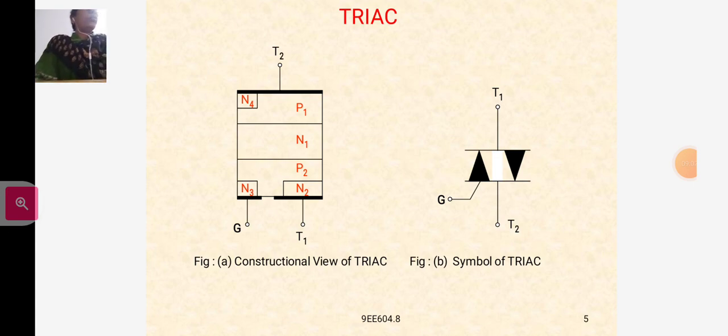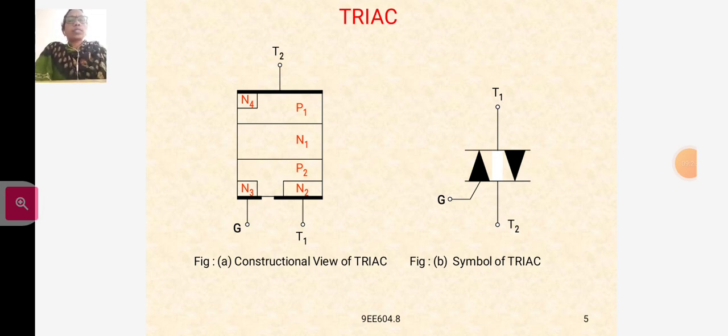The terminal T1 makes contact with layers N2 and P2. Terminal T2 makes contact with layers P1 and N4, and the gate terminal makes contact with layers N3 and P2.